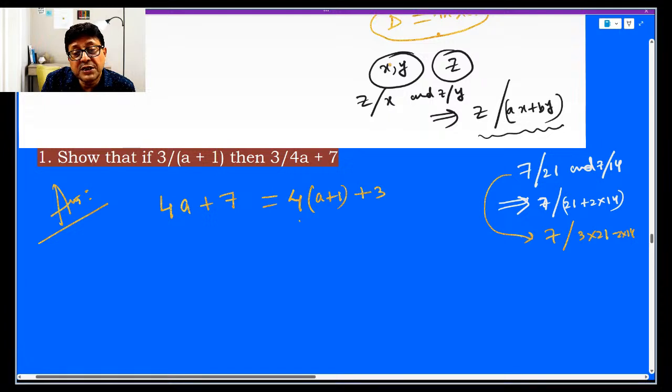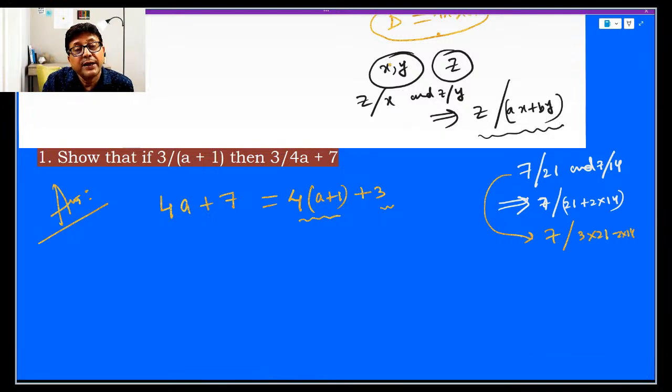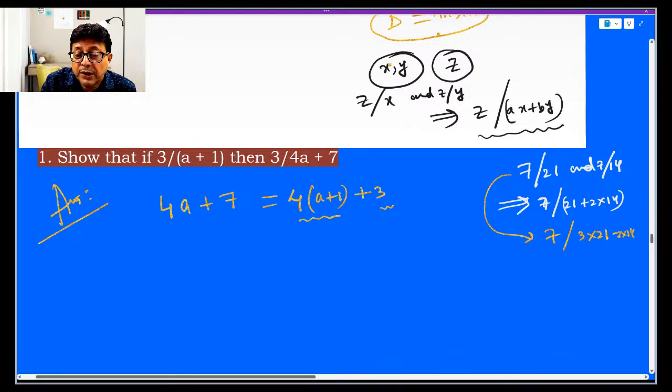So this is like ax plus by. What is a over there? a is 4, x is a plus 1. That 4a plus 7 is divisible by 3, because this part is divisible by 3.